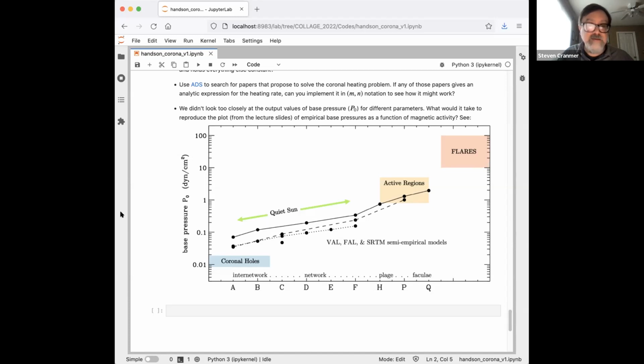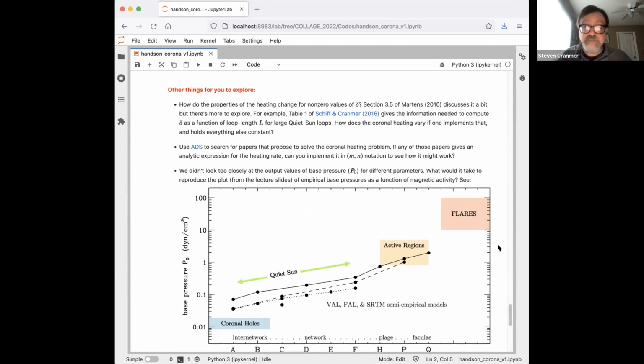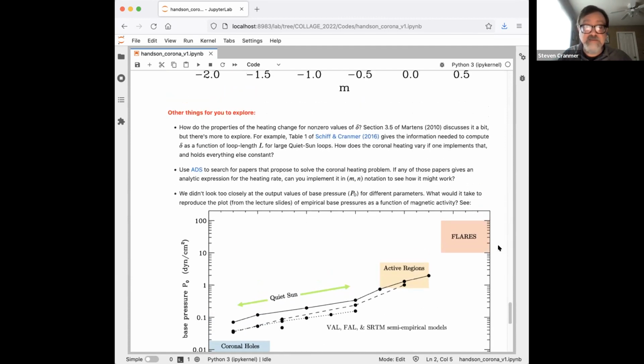And I'm just wondering, what would it take to actually reproduce this plot by varying, say, the magnetic field of the loops? I guess that was about all I had on this. Please feel free to play around with this and see what you can do. I don't know how much else I have to say.